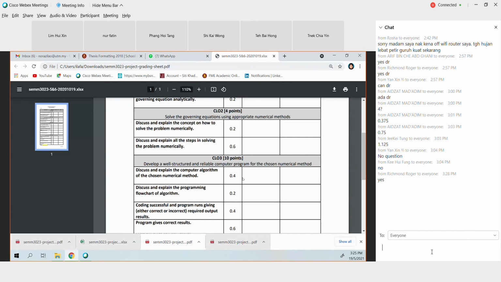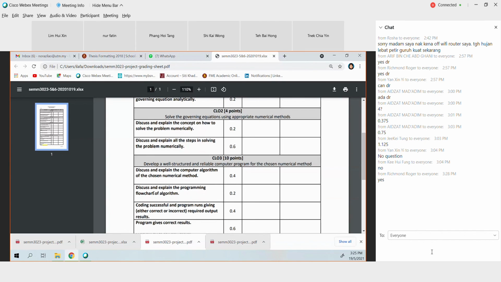Then I need to check your coding. If it is not able to run, your mark will be reduced. If your coding is able to run, then your marks will be high. When you use a proper numerical method and you are able to discuss and explain the computer algorithm or chosen numerical method, then your marks will increase.